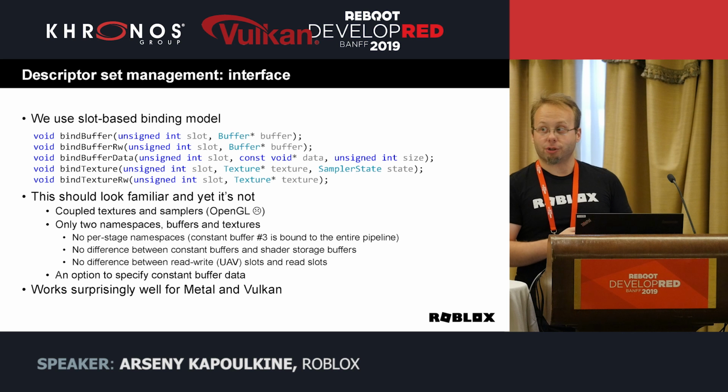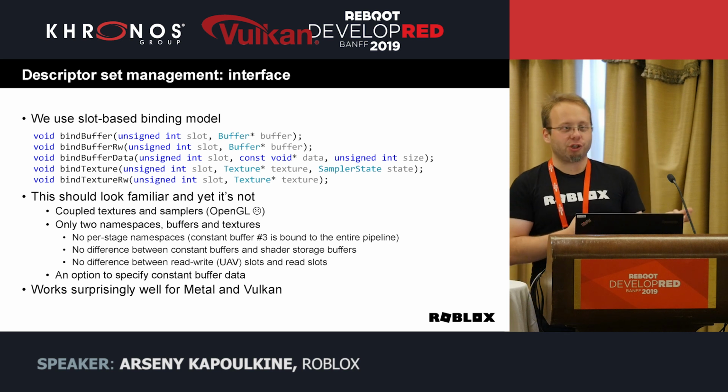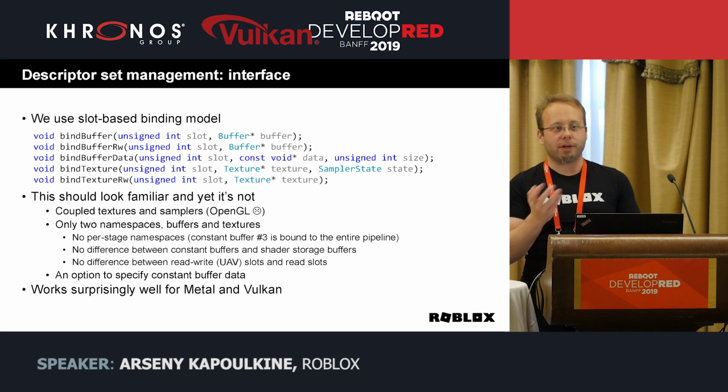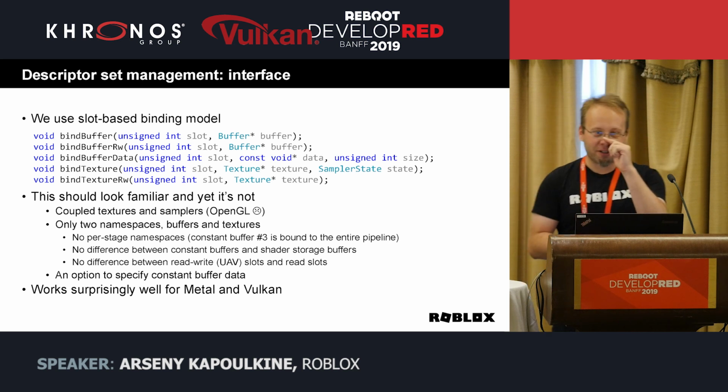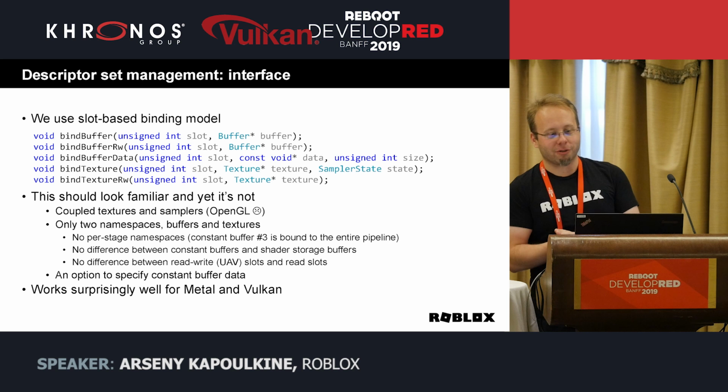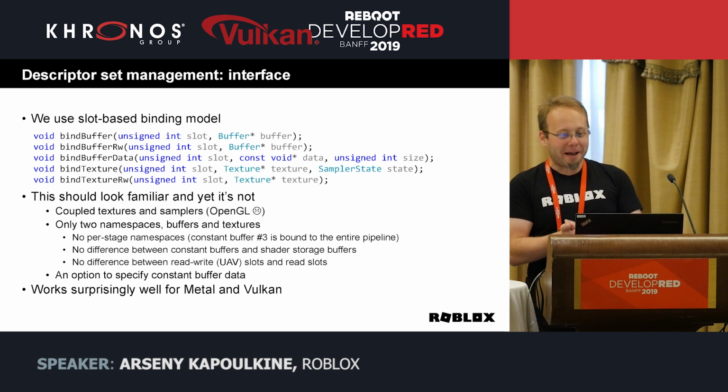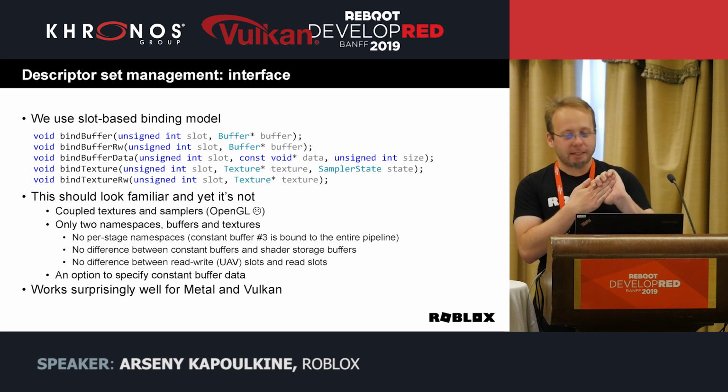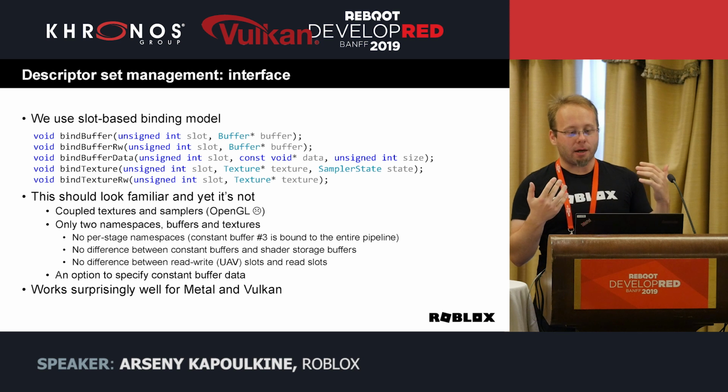This is loosely inspired by Metal. There's one crucial difference. You don't specify the stage that you bind the resource to. You just say, I want to bind the buffer. If the buffer is buffer 1, then it's buffer 1 in fragment shader and vertex shader, and we don't actually use any other shaders like tessellation or geometry shaders. But it doesn't really matter.